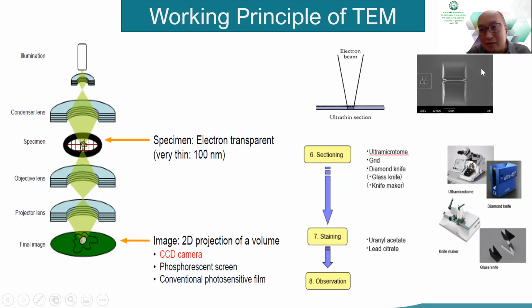For solid state materials, this is done by using focused ion beam in order to develop a lamella. For biological samples, there's a special method called ultramicrotome to create very thin sheets of material in order to be electron transparent.